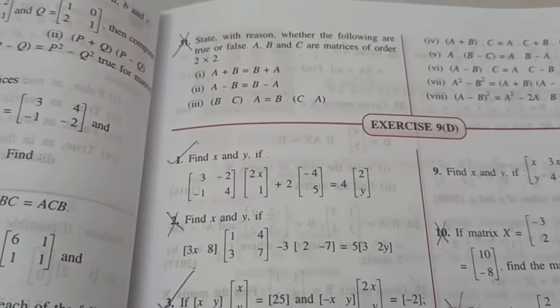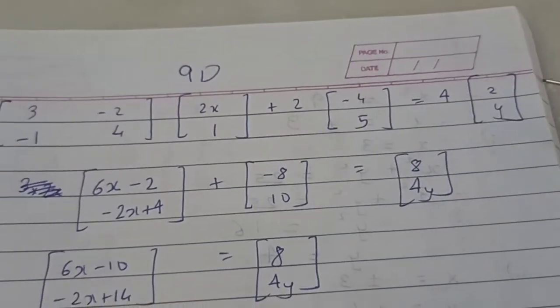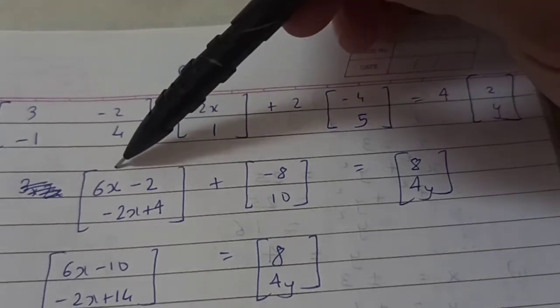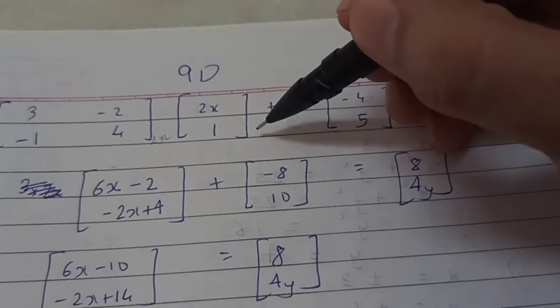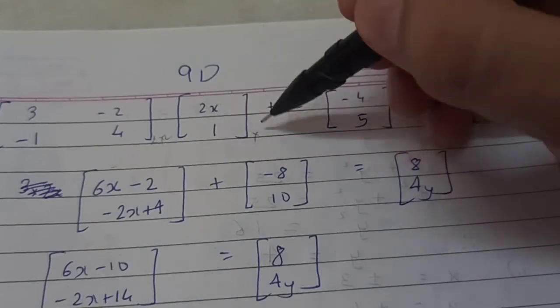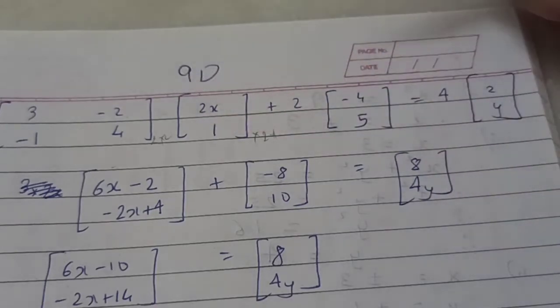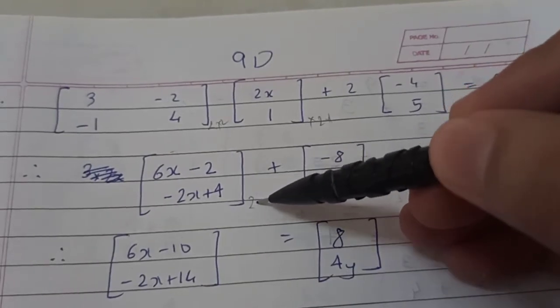We have to find the values of x and y. So we have to solve this. We have a multiplication out here. So first this is 2 by 2 and this is 2 by 1. They are compatible and the resultant matrix will be of the order 2 by 1.